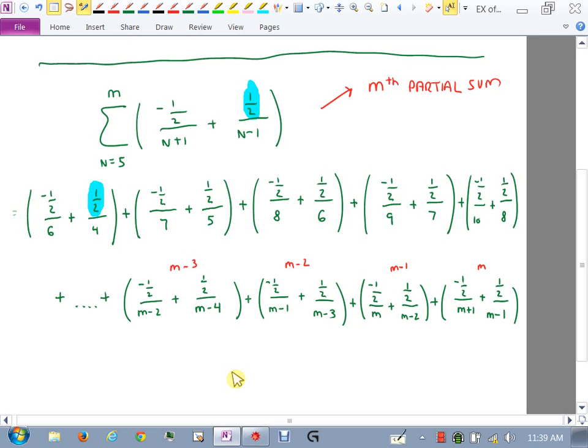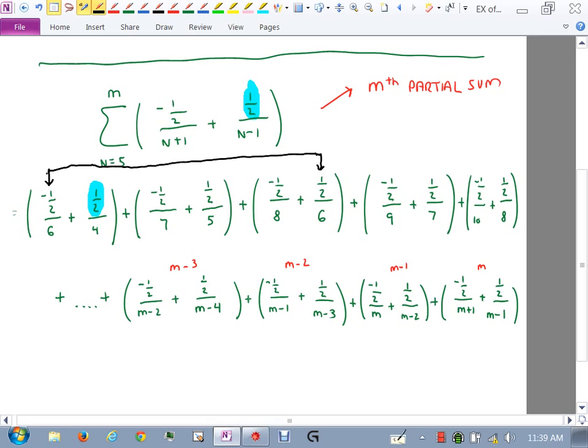All right, let's start talking about cancellation. I'm going to start from the beginning one here. Does anything out of this first set of parentheses cancel? Just the first guy, right? The first guy here cancels out with the second term, but 2 parentheses away, right?